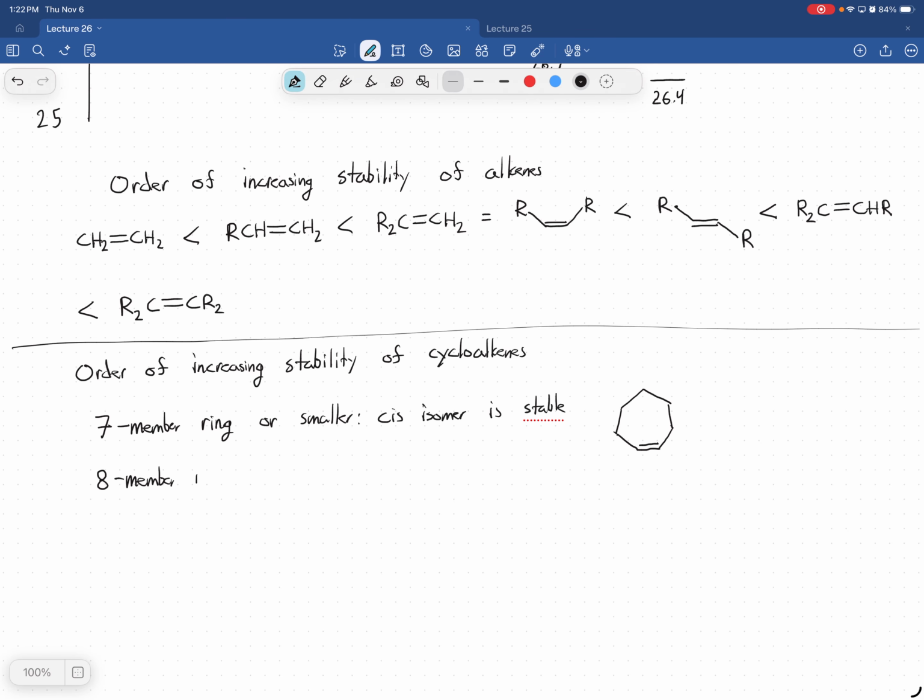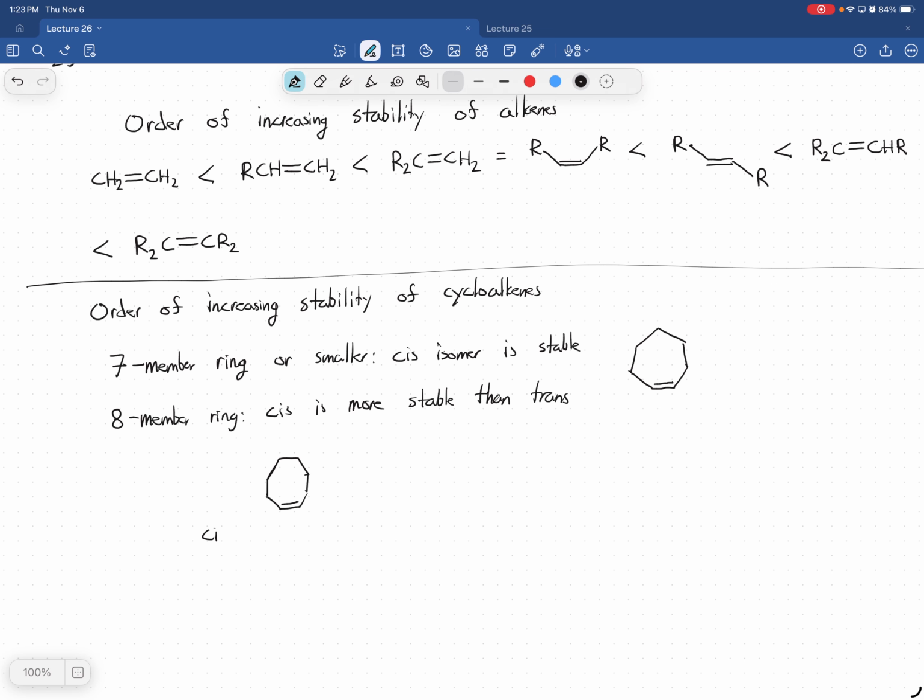So with an 8-member ring, cis is more stable than trans. So for example, we have a cyclooctene here. So this will be the cis form. So cis cyclooctene, that's more stable than the trans one.